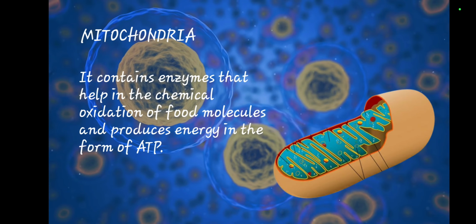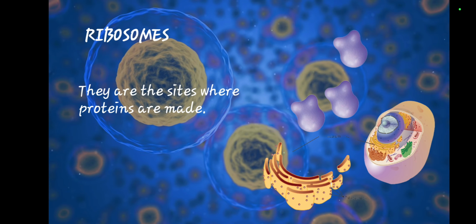Next would be ribosomes. Ribosomes are connected to the rough endoplasmic reticulum, or even to the endoplasmic reticulum. Ribosomes are the sites where proteins are made. So the essence of ribosomes is in the making of protein. It's very simple.